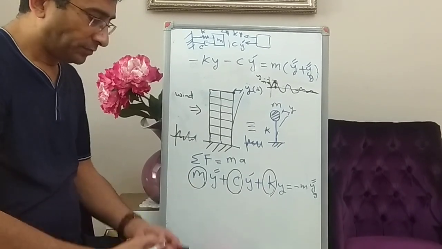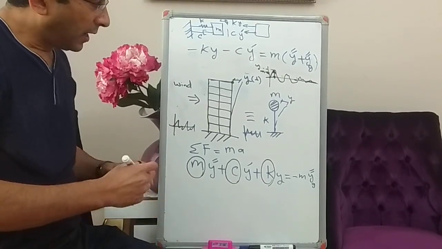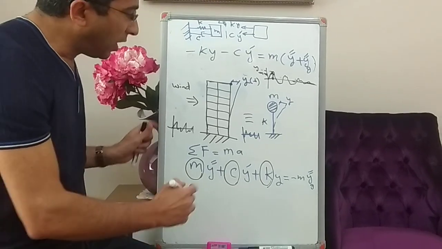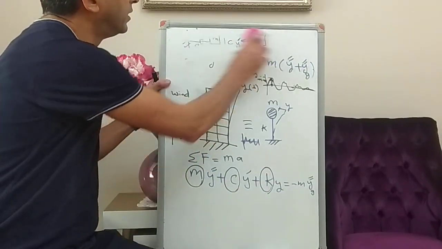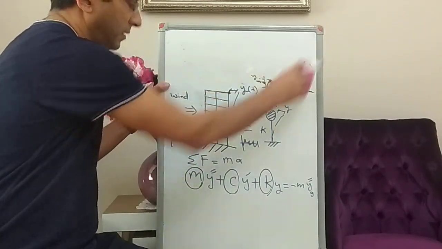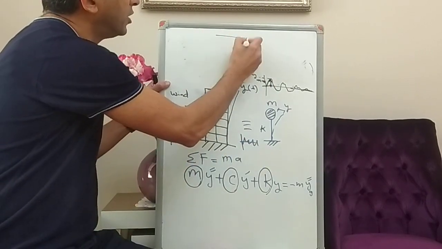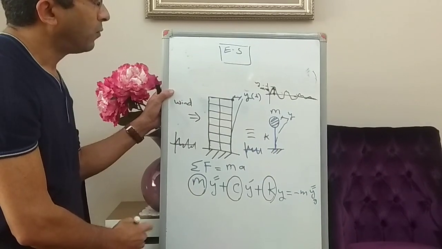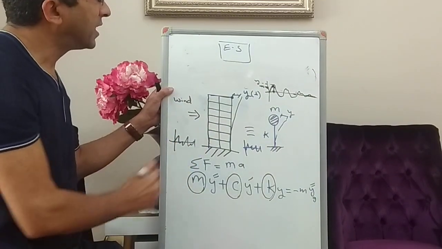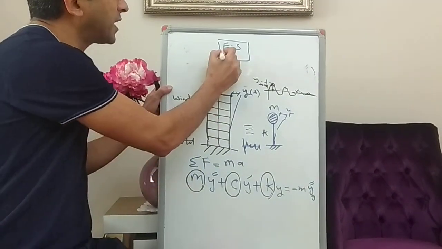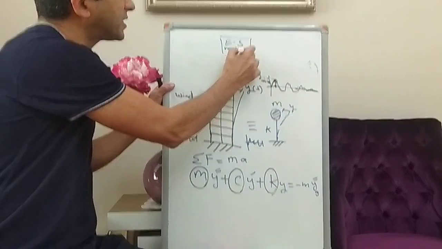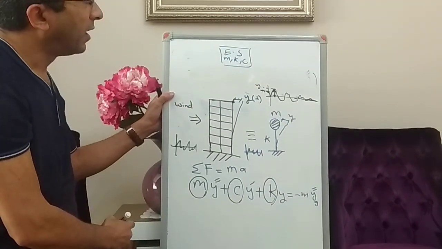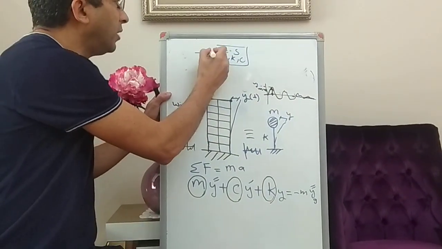Now, in general, I have an engineering system, which is my building in this case, and it has properties: a mass, a stiffness, and damping characteristics, and I have an input action.